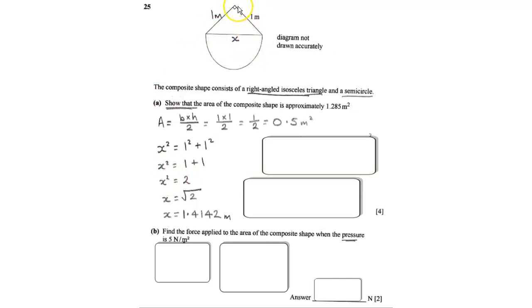So we can use this right angle triangle and use Pythagoras for it. So x would be the hypotenuse because it's opposite the right angle. So we can square and add these two together, which we have done here.